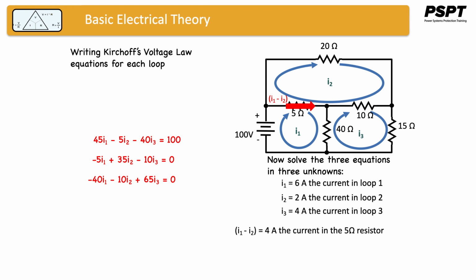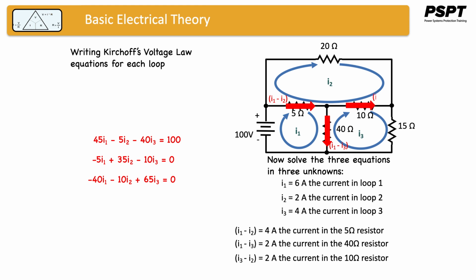The current flowing in the 40 ohm resistor is given by I1 minus I3, which is 6 minus 4, which gives us 2 amps, which is the current flowing in the 40 ohm resistor. And the current flowing in the 10 ohm resistor is given by I3 minus I2, which is 2 amps, because I3 is 4 and I2 is 2. I3 minus I2, or 4 minus 2, is equal to 2.